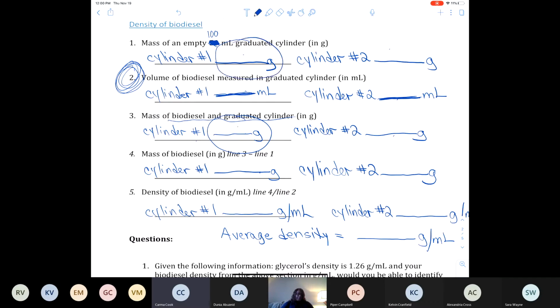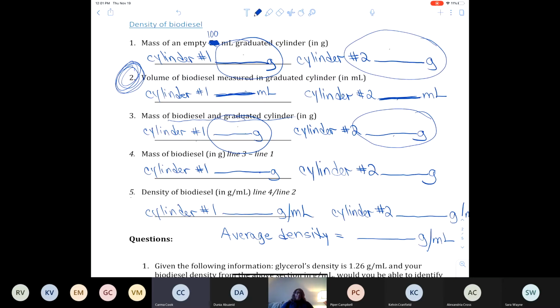Same thing for cylinder 2. To get the mass of biodiesel, you take the mass of the biodiesel plus cylinder and subtract the mass of the empty cylinder. That'll give you the mass of your biodiesel for cylinder 2.